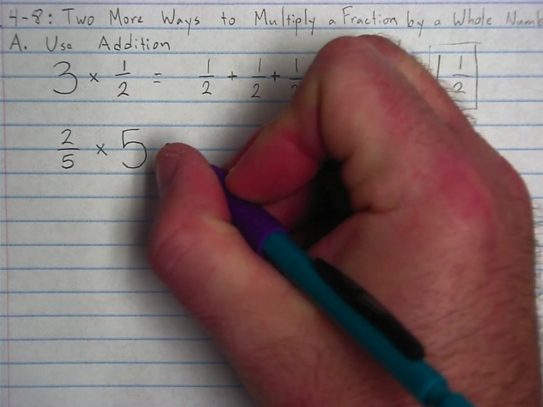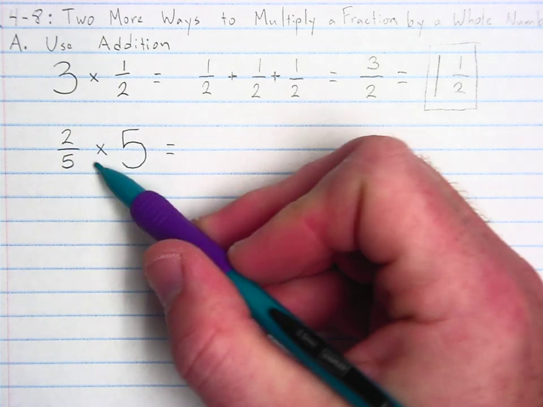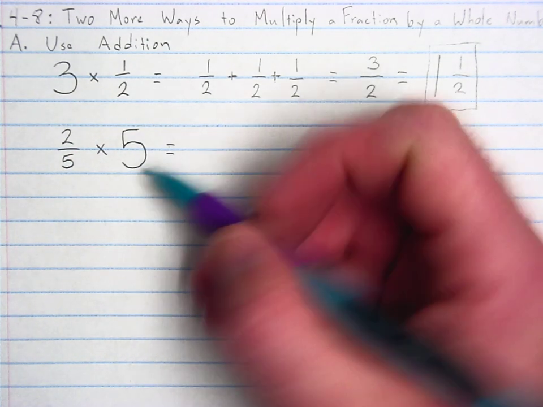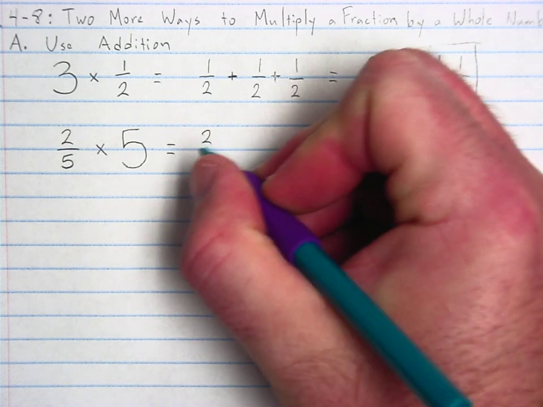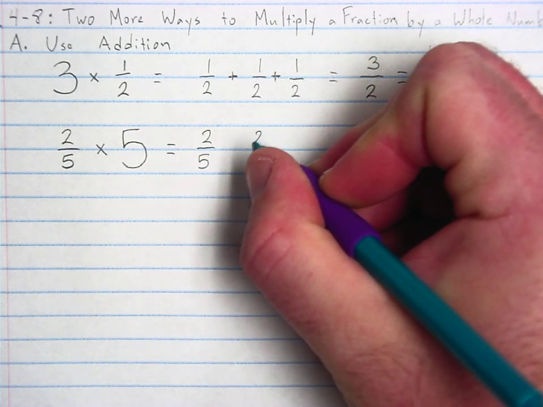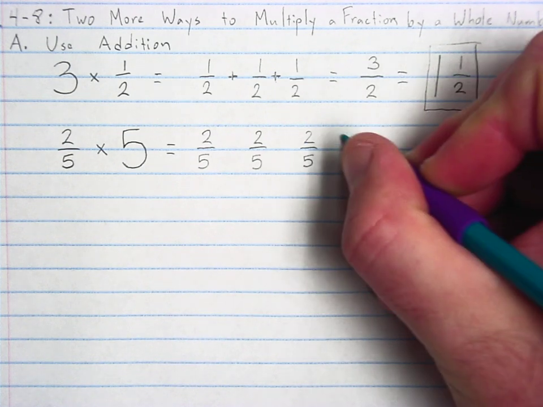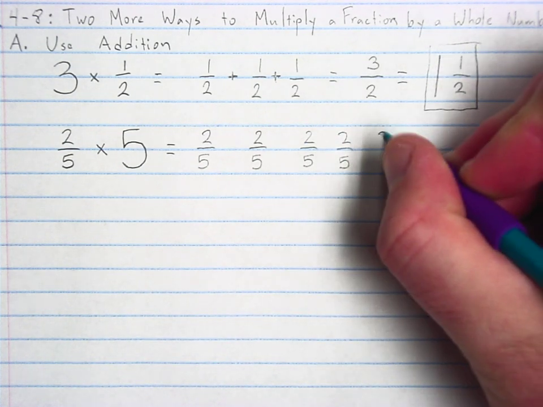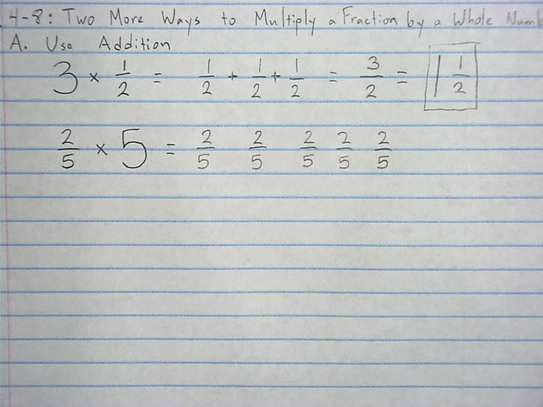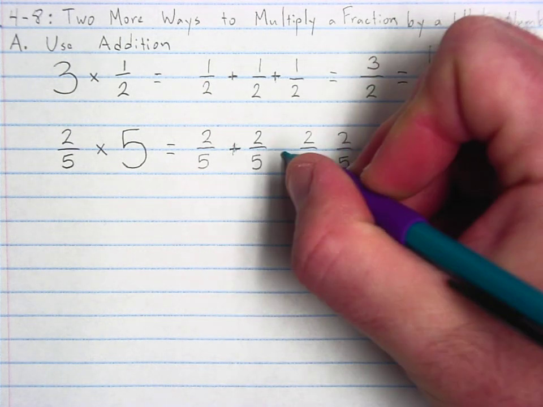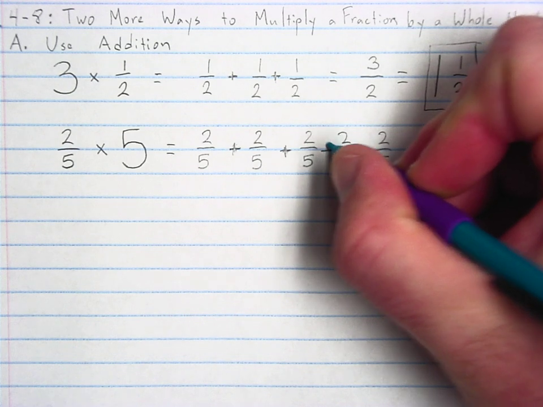Now, if it said 2/5 of 5, it would work the same way. 1, 2, 3, 4, 5. Just add them all together. We are combining them.